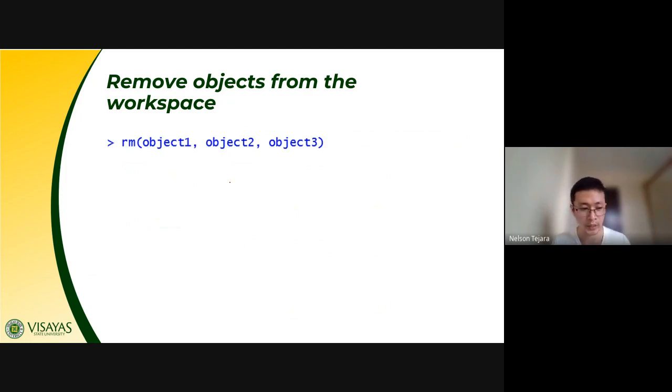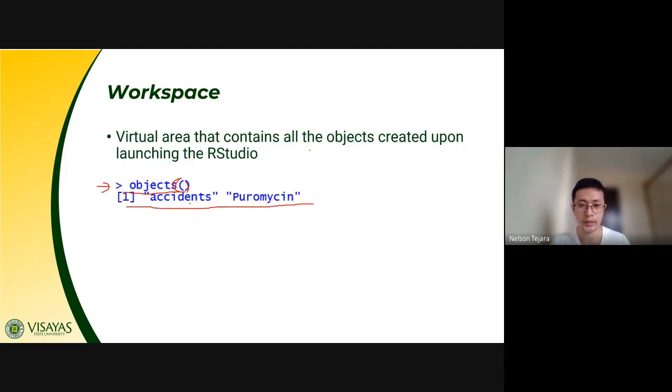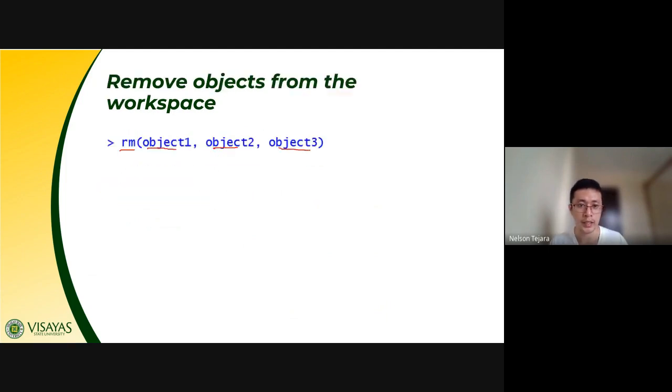So thereby you will have more free memory for which these applications can work on. To remove these objects, we call the rm function, and then type in your object 1, object 2, and object 3. For example, earlier we had two objects in my workspace, which are accidents and the Puromycin data set.